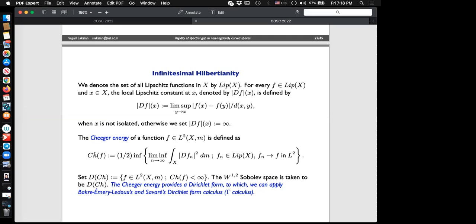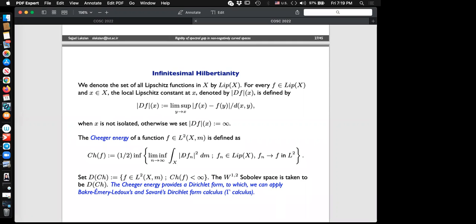So the Cheeger energy is basically how you define Dirichlet energy in this weaker sense. If I want to define the Cheeger energy for a function, then you have to approximate it by Lipschitz functions and then take the Dirichlet energies for that sequence.